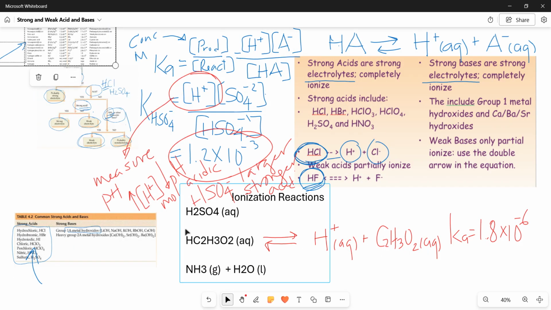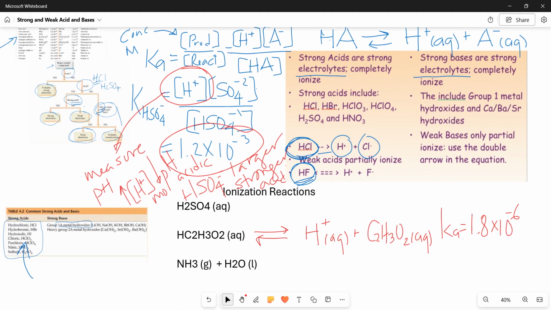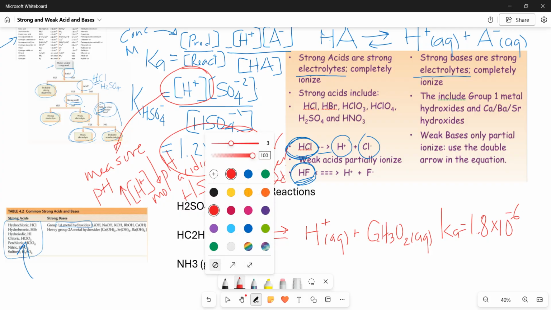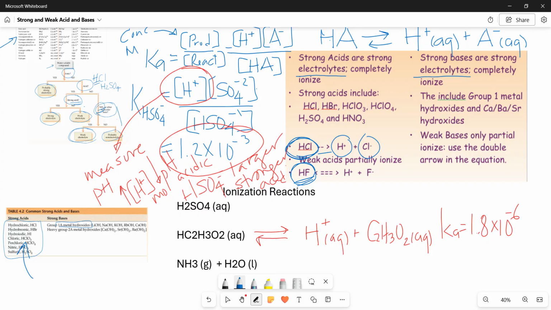Okay. All right, so let's look at the last one. The last one is ammonia. We talked about ammonia when we were talking about electrolytes. Ammonia in water is only going to partially dissociate. It is considered a weak base.